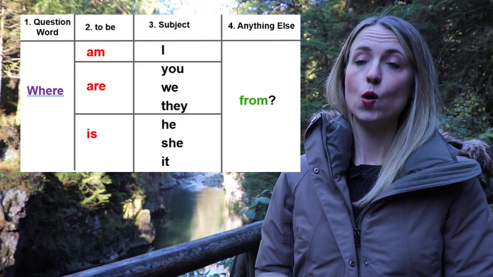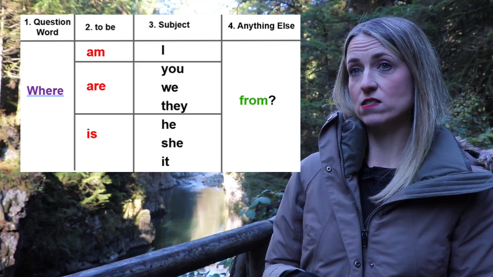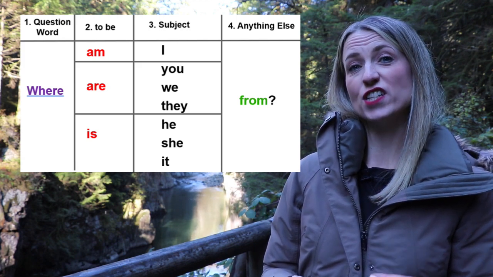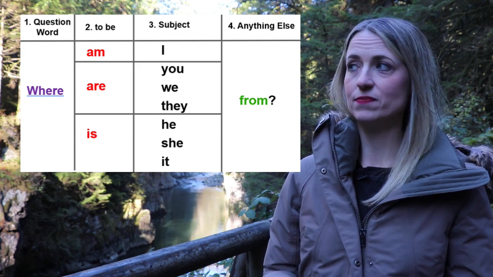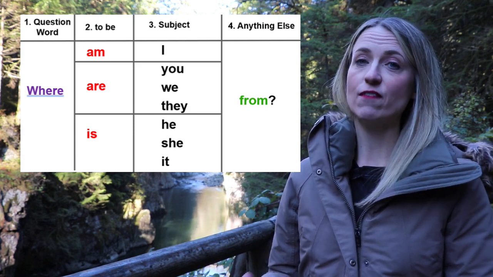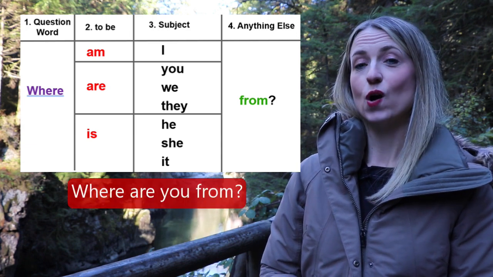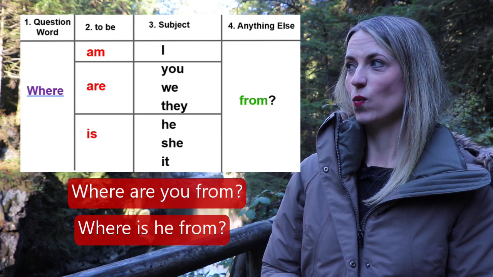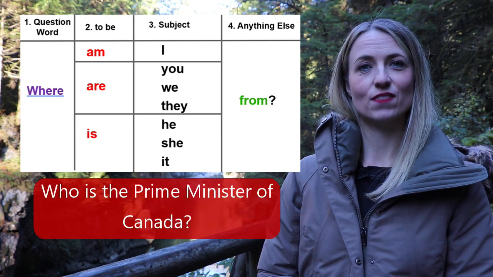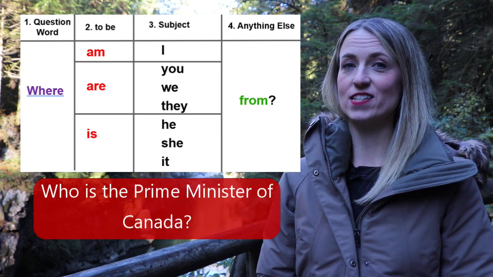When we wish to form questions with a question word and then the verb to be, we put the question word first, then the correct conjugation of to be, am, are, or is, then the subject, and finally anything else. Where are you from? Where is he from? Who is the Prime Minister of Canada?